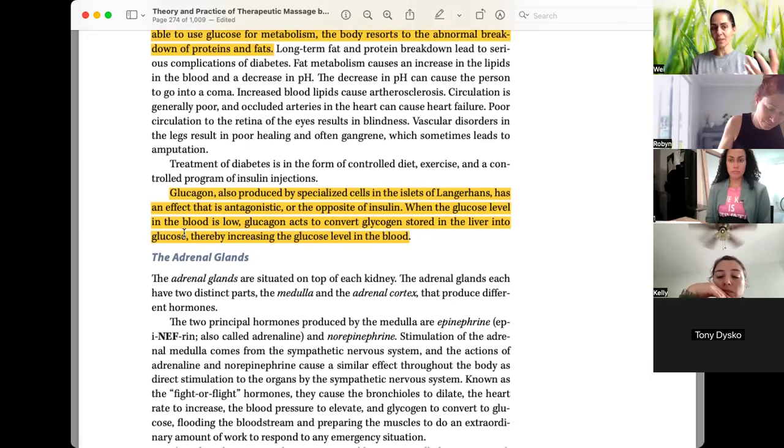It just has a bad rap because of how we use it and how we process that. So when the glucose level in the blood is low, glucagon acts to convert what? Glycogen that's stored in the liver to glucose and put more glucose in the blood. So you get a double whammy on that. Let's hope nobody gets diabetes.